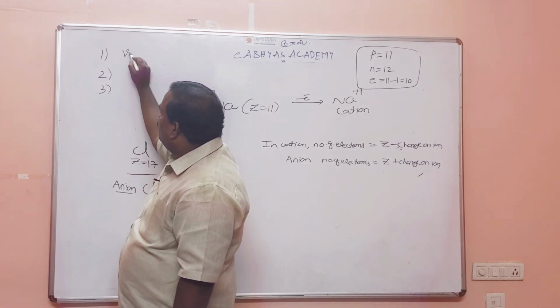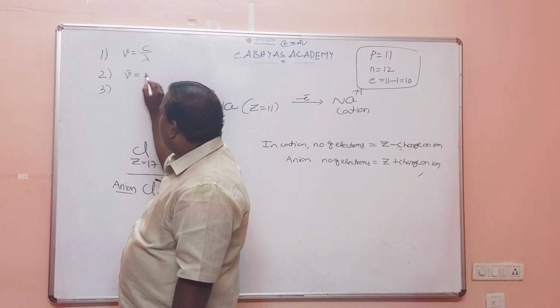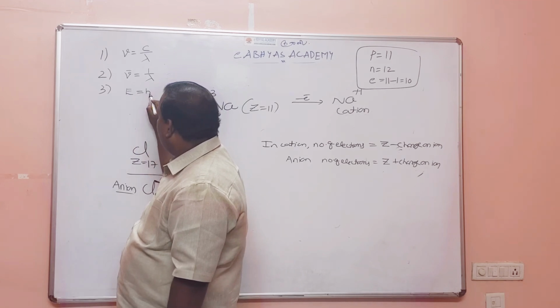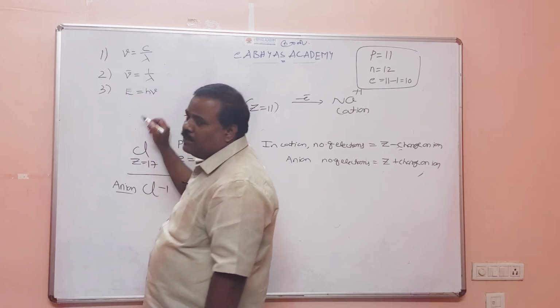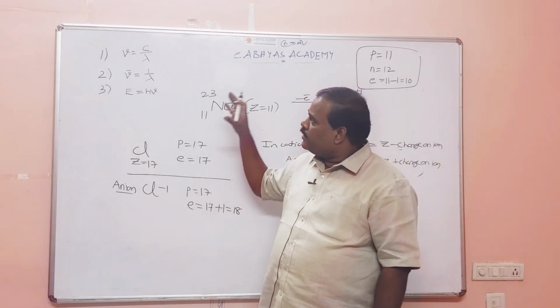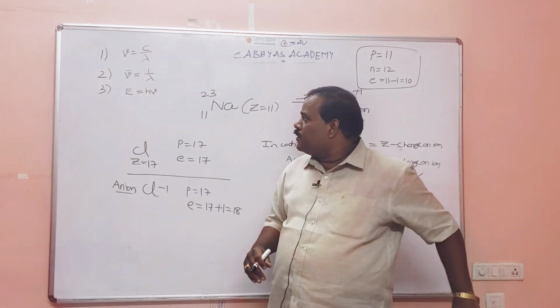One is frequency, c by lambda; wave number is 1 by lambda; energy of radiation is E equal to h nu. Problems based on these three formulas are very important in this chapter.